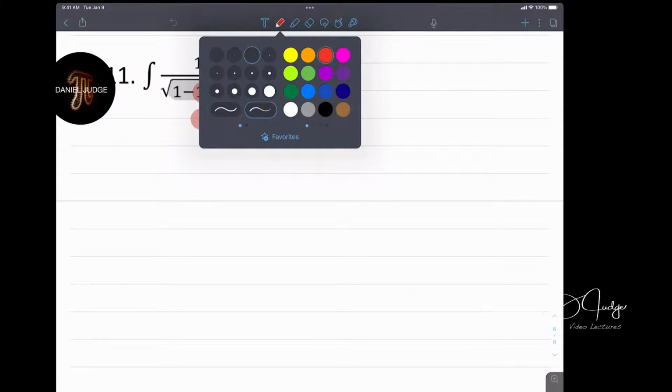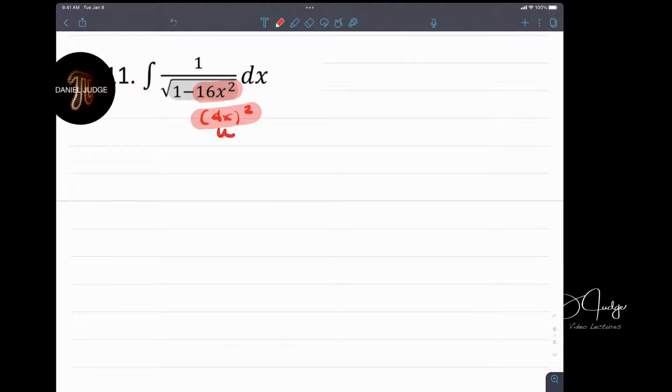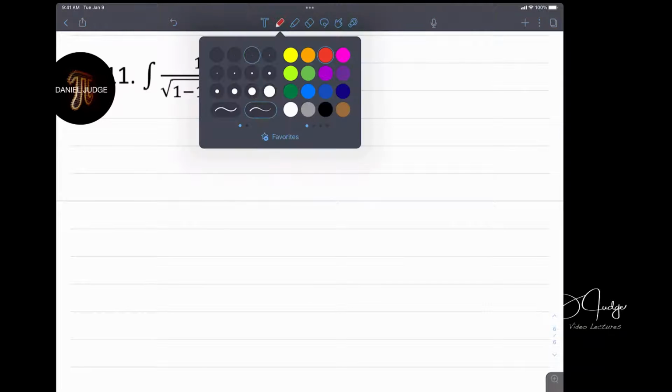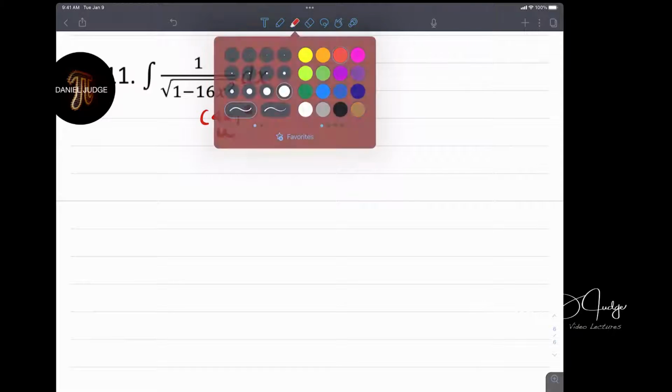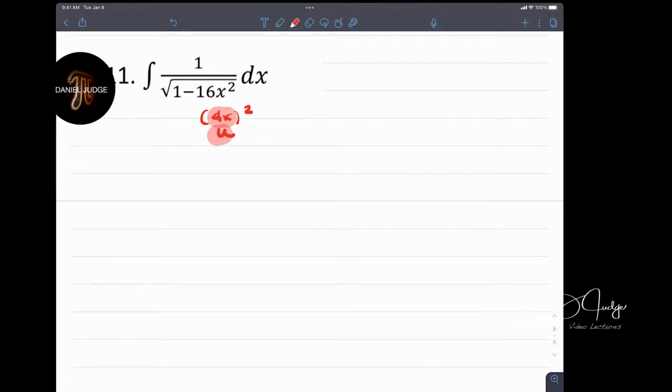So here's the point. My u value is 4x. Right in here, u is 4x. That's the u. So we let u be 4x, and then I need my du/dx.